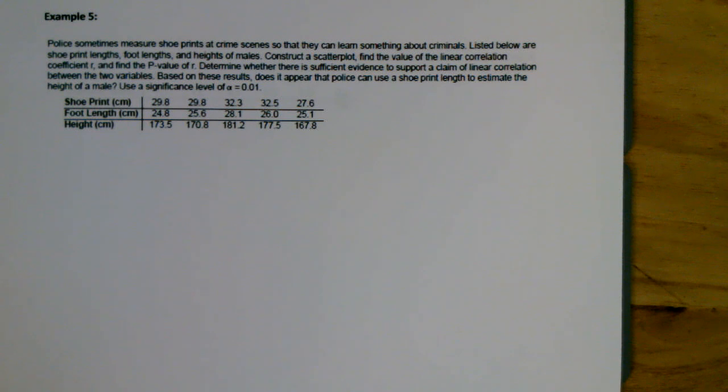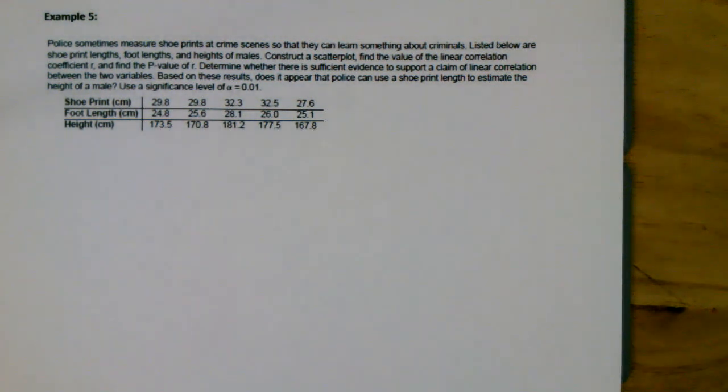Construct a scatter plot to find the value of the linear correlation coefficient R and find the p-value of R. So they're asking for the p-value in this problem, just like they did in the last example. Determine whether there is sufficient evidence to support the claim of a linear correlation between the two variables. Based on these results, does it appear that police can use shoe print lengths to estimate the height of a male?